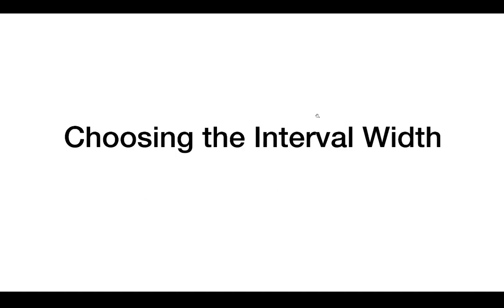Now, let's move on to choosing the interval width. So how do we know that we have to have an interval width of about 10 or 5, 2, or 3? In the previous examples, we have scores of 80 to 84 and also 85 to 89.